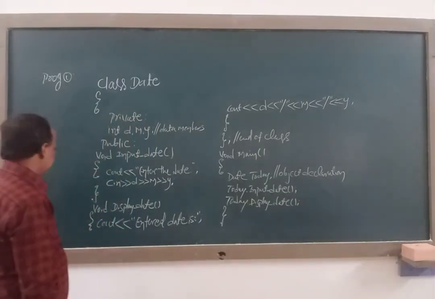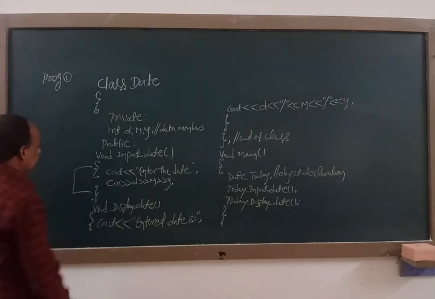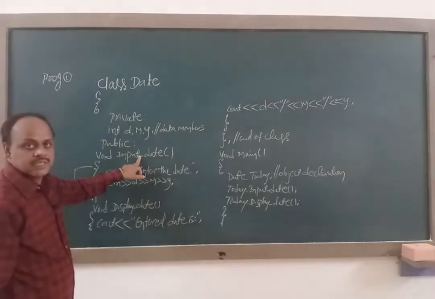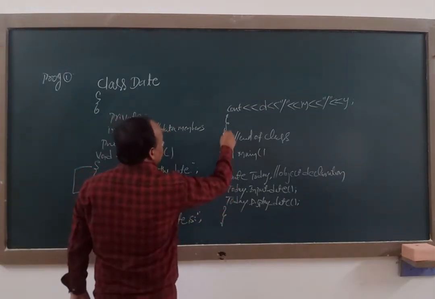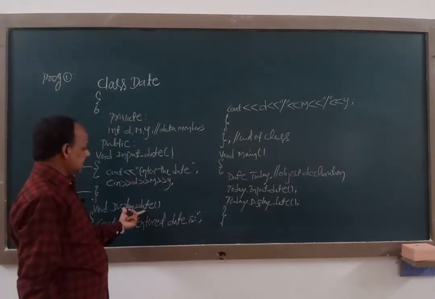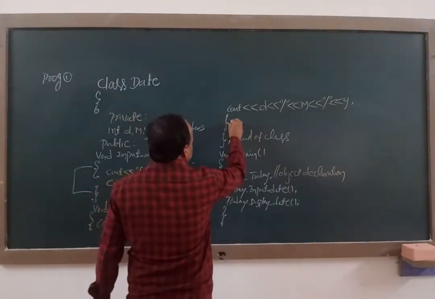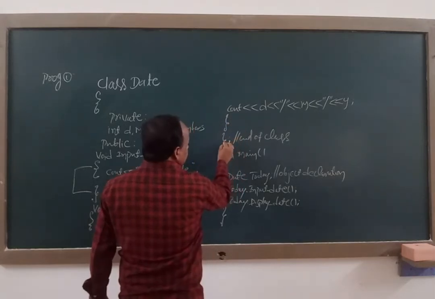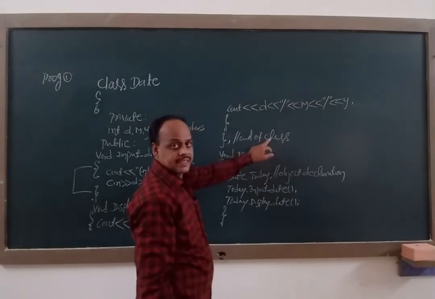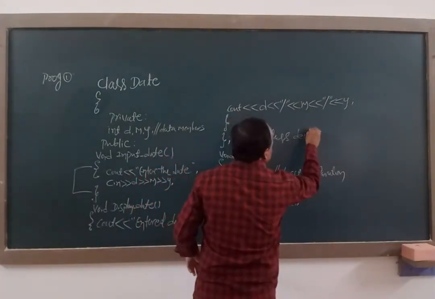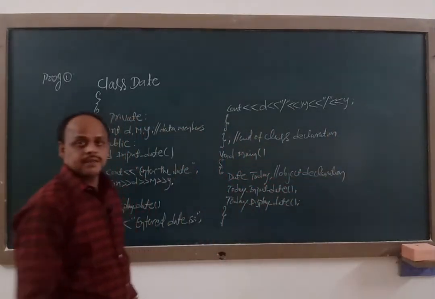This code is for the input date function, and this code is for the display date function. This is the closing of the display function, and this flower bracket and semicolon indicate the end of the class declaration. Right?